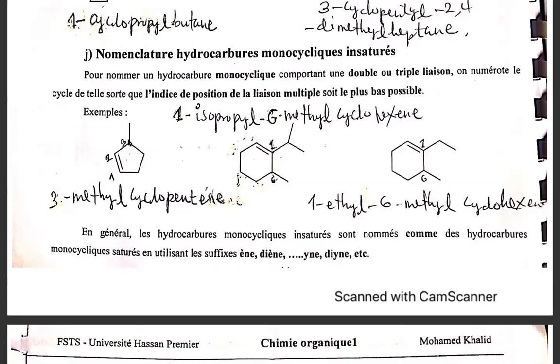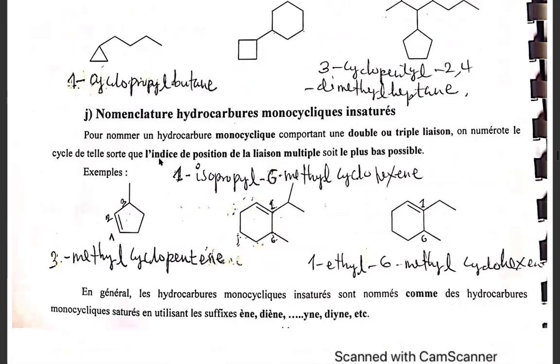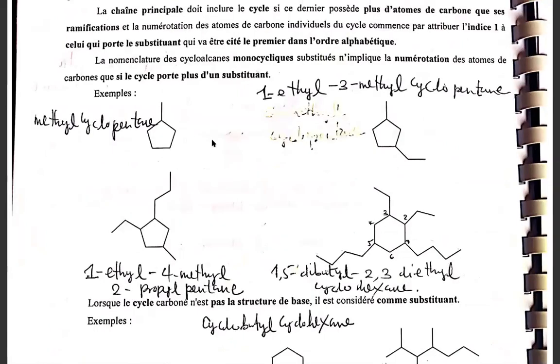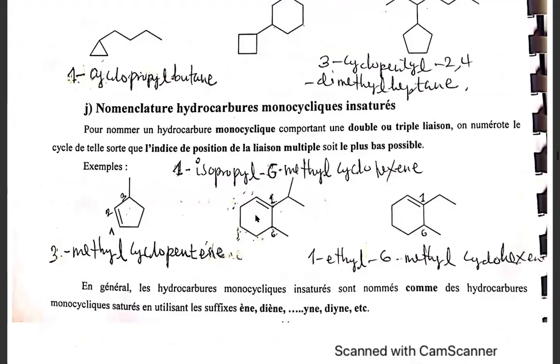The same applies to the aliphatic hydrocarbons in cycles. Last time we looked at cyclic chains with hybridization at sp3, that is alkanes. Now today we are going to look at nomenclature with hybridization at sp2, which are double liaisons.